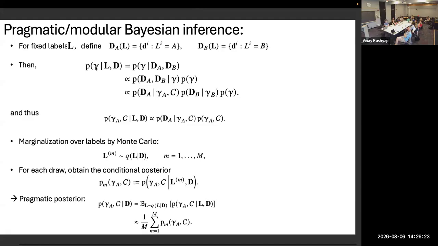So if we have the full posterior conditioning on the class labels, we can just write our data separated into data given the labels are A or data given labels are B. So this is DA and DB.